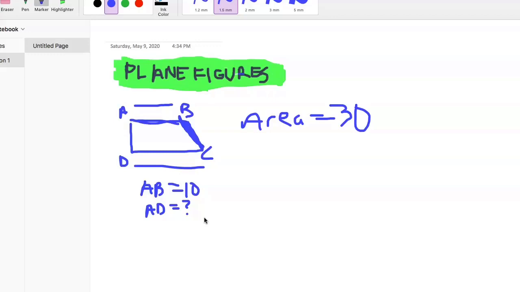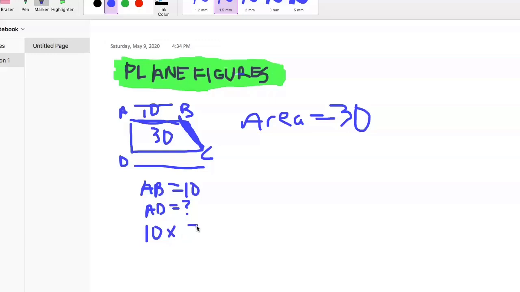So AB is 10. We know right now that is 10. We know the area is 30. They're asking us for line AD. All we have is 10, and we don't know what AD is, so we'll just call it X right now.